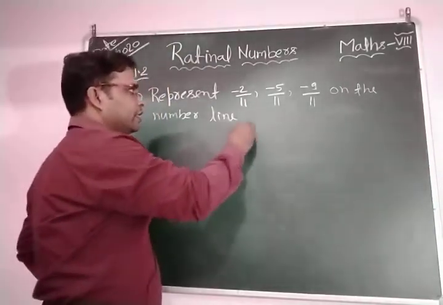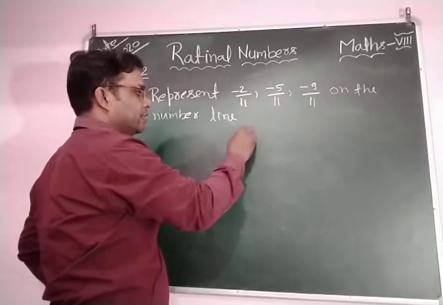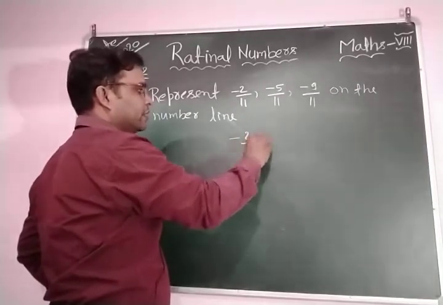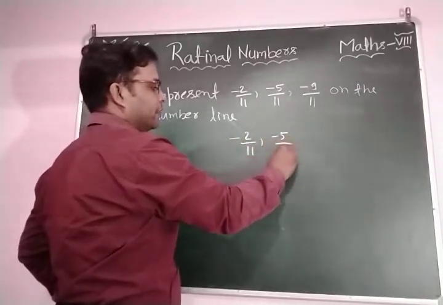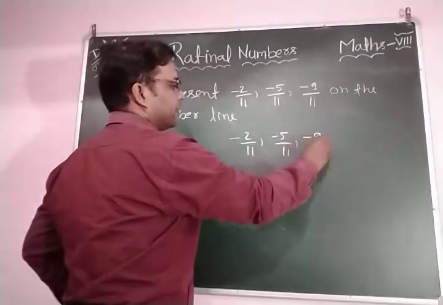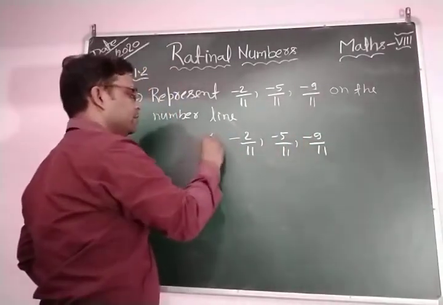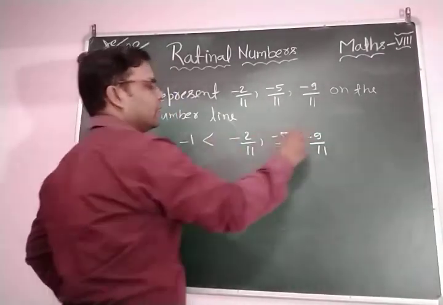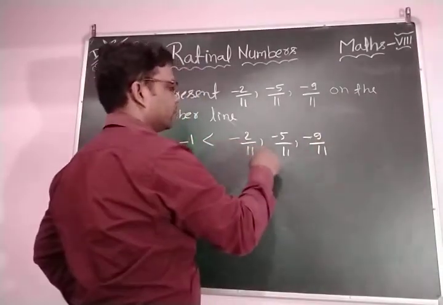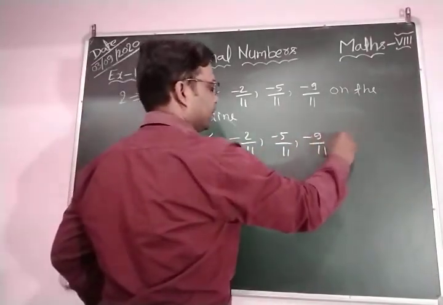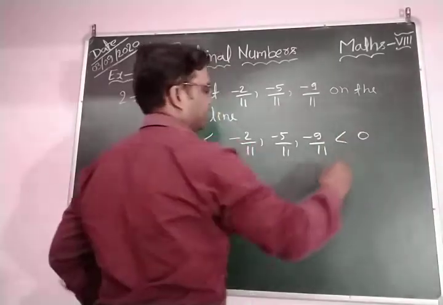So you can say the given numbers minus 2 by 11, minus 5 by 11, minus 9 by 11 lie between minus 1 and 0, greater than minus 1 and less than 0.